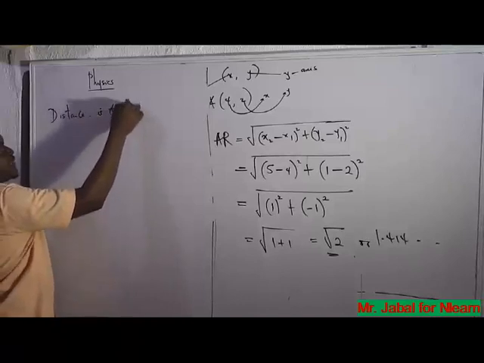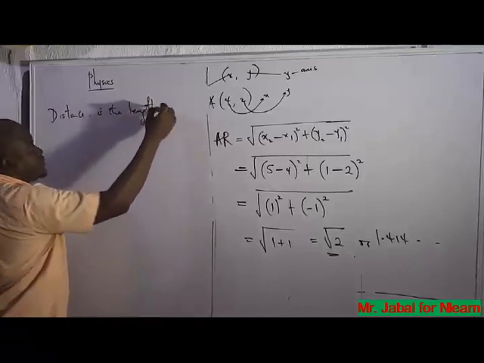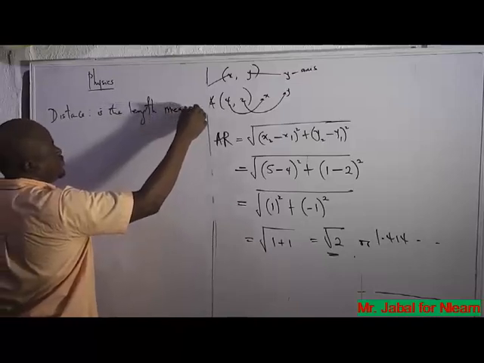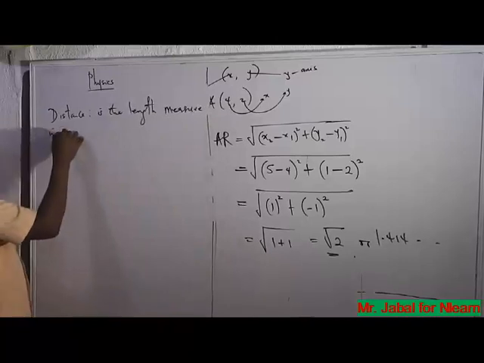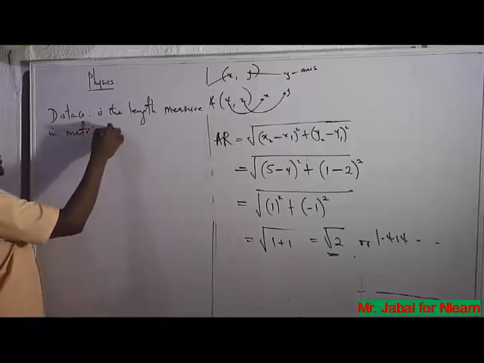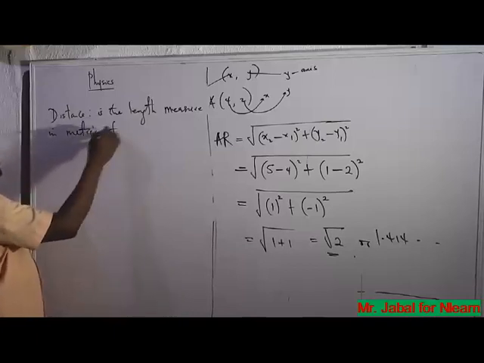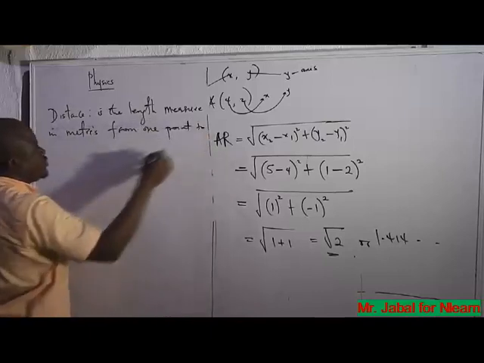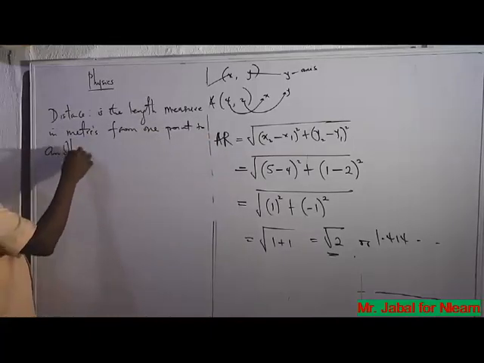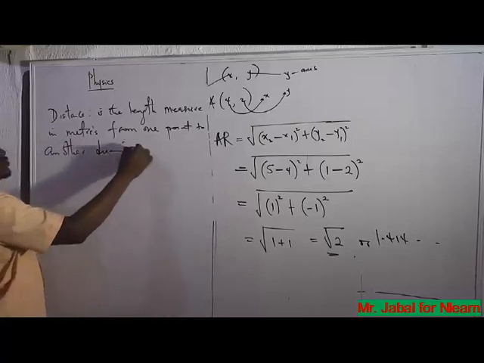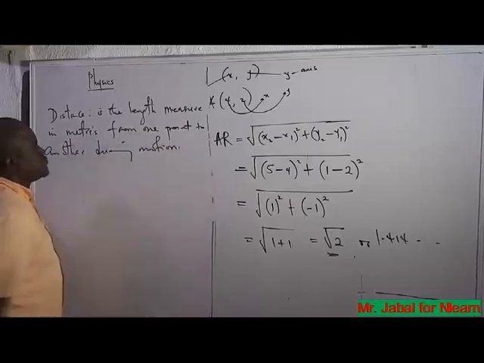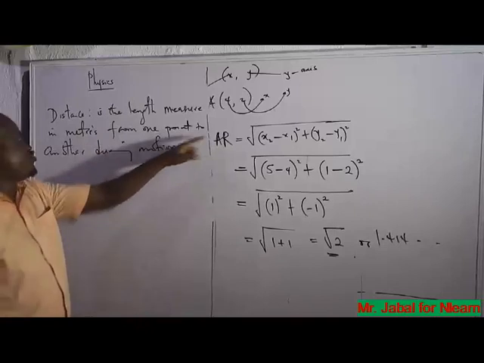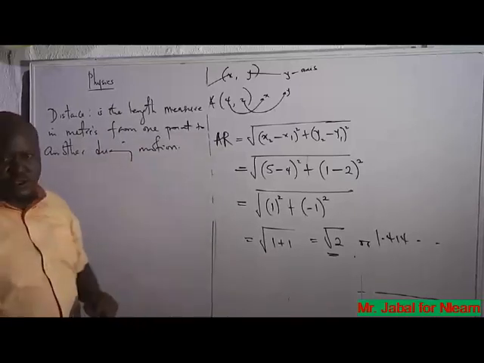It is the length measured in meters from one point to another during motion. So, distance is the length measured in meters from one point to another during motion.